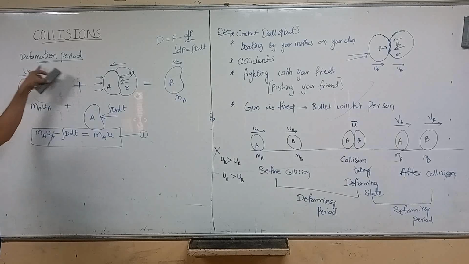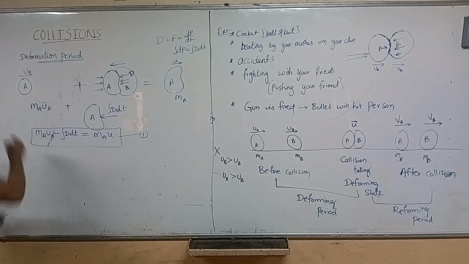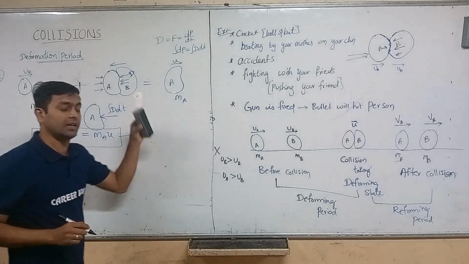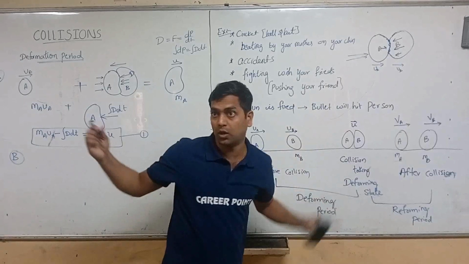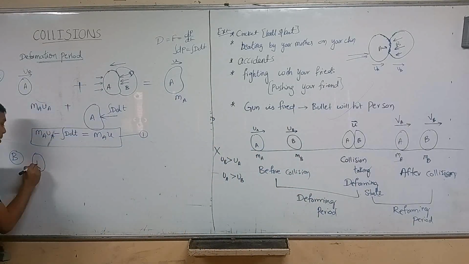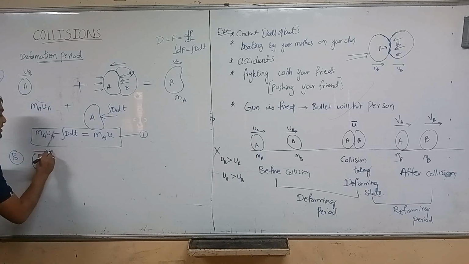Okay, the deformation force of A we have taken, right? Now for 2, in the deformation period, we are going to see the B role. Here the object B is moving with the velocity UB, and it has the mass MB, right?